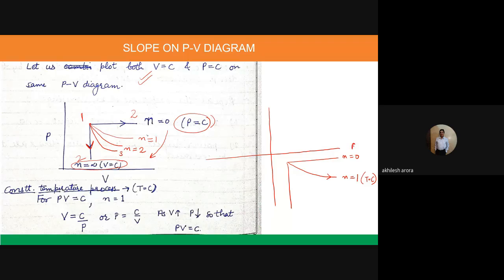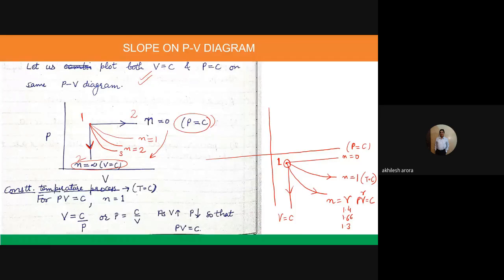Here pressure is equal to constant, here volume is equal to constant. So this is the initial state. Actually I am calling this the initial state. And if I say that here I take the value of n equal to gamma, which could be either 1.4, 1.66 or 1.3, this becomes a reversible adiabatic process.